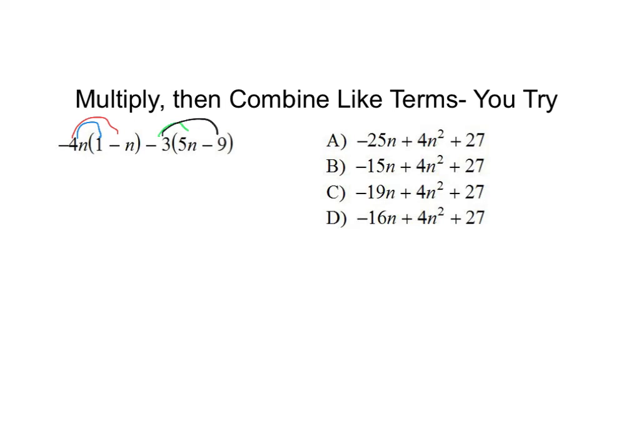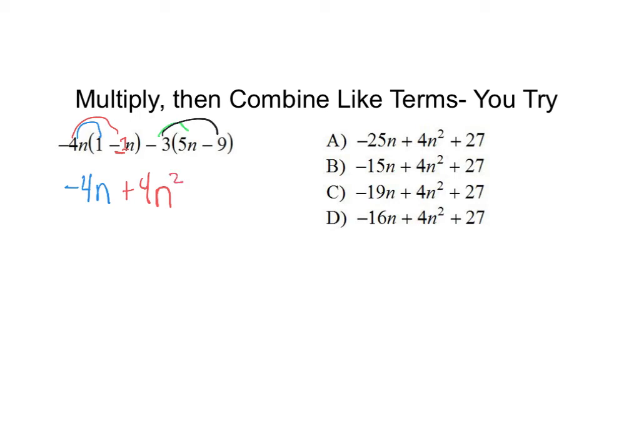So when I do that distribution, negative 4 times 1 is negative 4n. Then negative 4 times negative 1 gives me a positive 4. And then our n's are being multiplied, so that means we add exponents. So 1 plus 1 is 2.